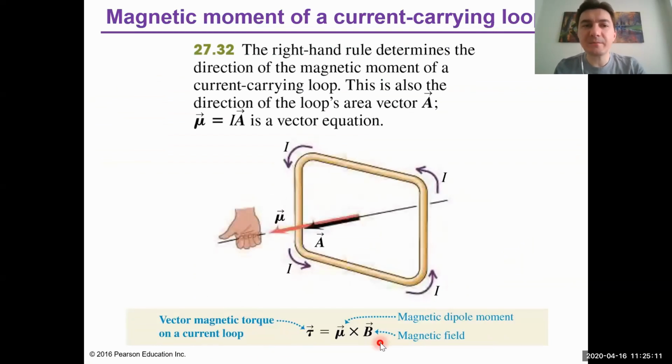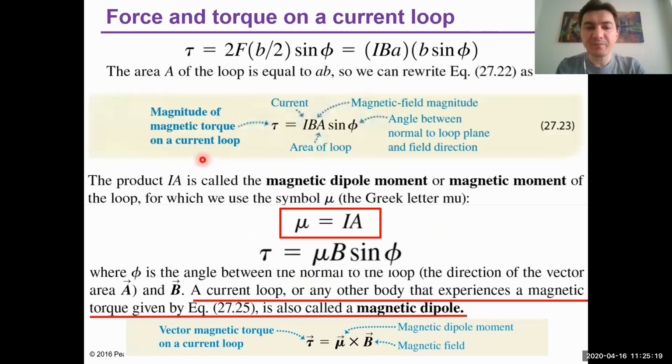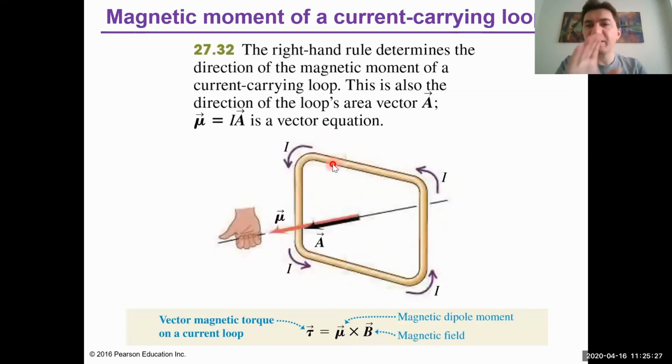The right-hand rule also easily determines the direction of the magnetic moment. The magnetic moment is given by I times area. If you know the direction of the area, four fingers show the direction of the current, and the thumb shows the direction of mu. The direction of mu and the direction of the surface normal are along the same direction.